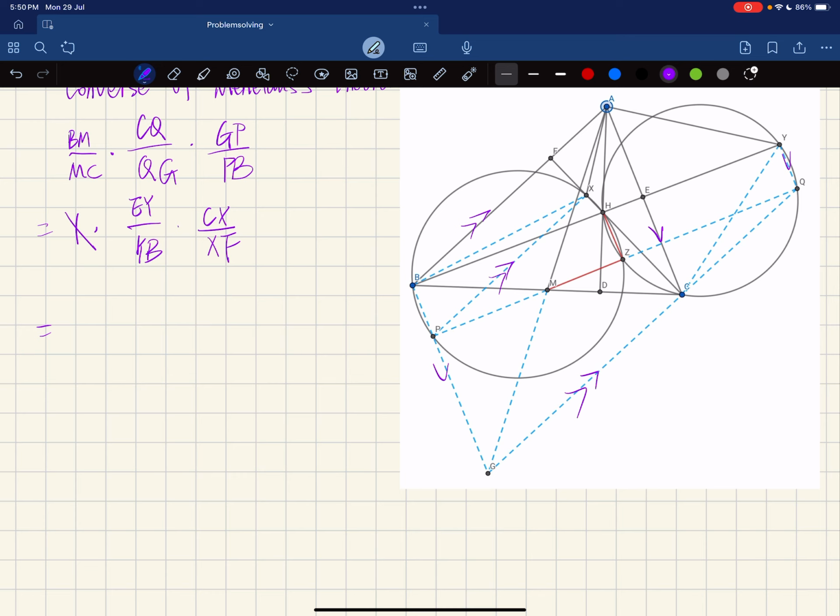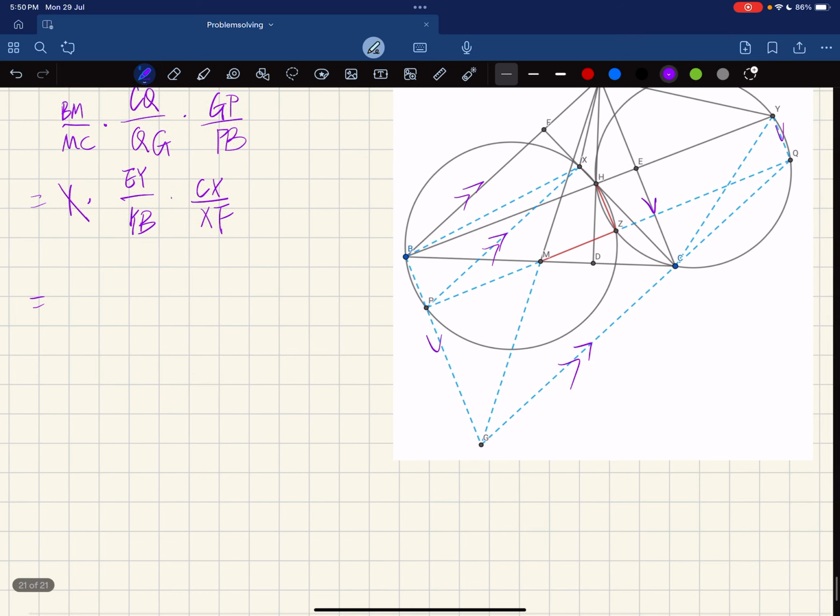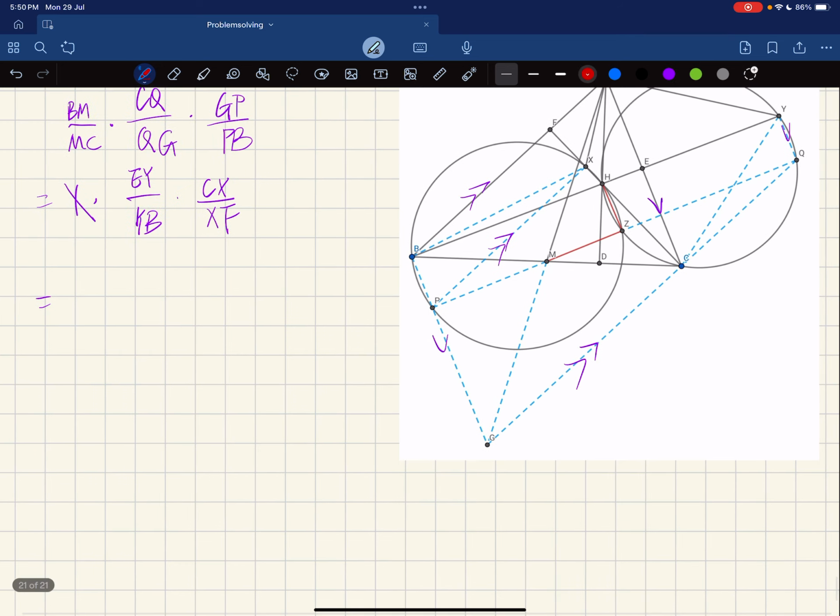Actually, we can study this angle. Maybe we note it as angle 1. Angle 1 equals 90 degrees minus angle CAY.